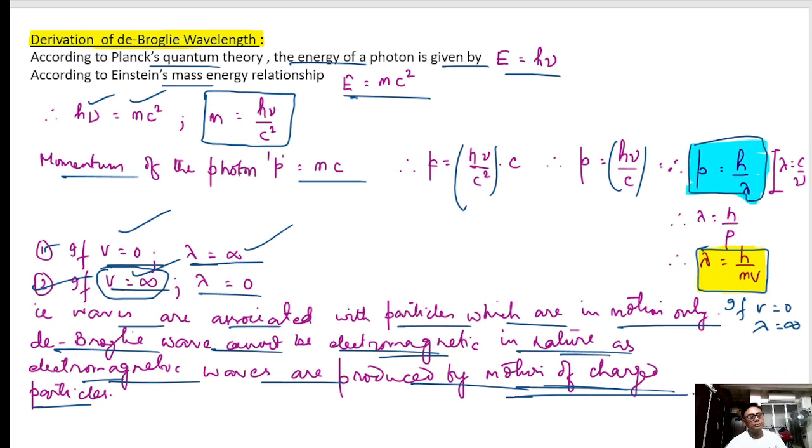De-Broglie told that if you move a particle, then only you will get a wave. So it is not actually an electromagnetic wave. That means if a particle is moving, you get a wave whose wavelength can be found using this formula.